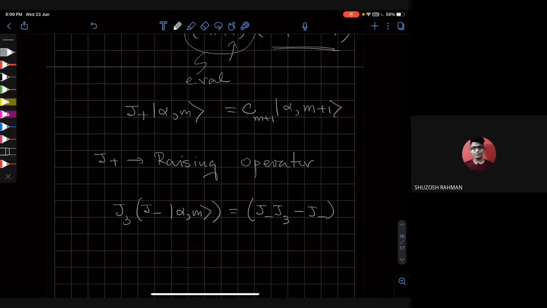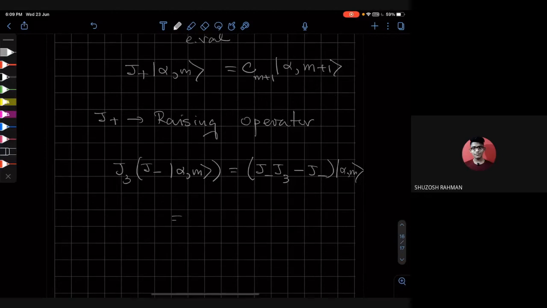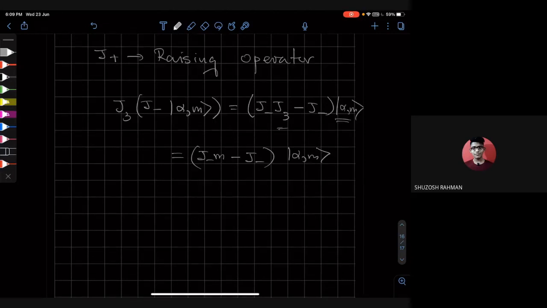And then that's acting on alpha M. Then J3 acting on this gives me J minus M minus J minus alpha M. And I can factor out J minus, so I get M minus 1, and then I get J minus acting on alpha M.